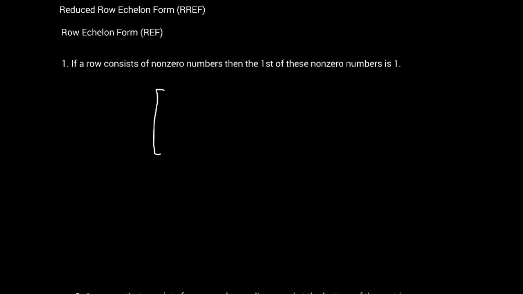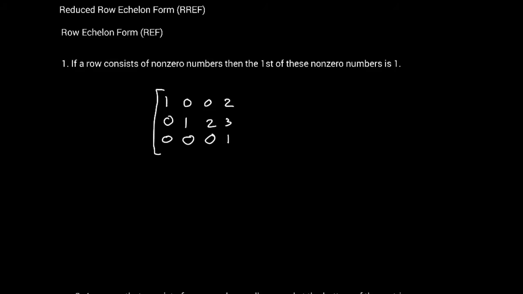In a reduced matrix, usually you would have a situation where you have 1, 0, 0, perhaps 2, and then you have 0, 1, 2, 3, 0, 0, maybe 0, and then a 1.